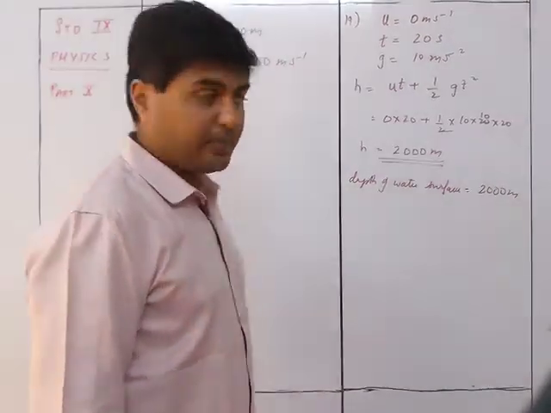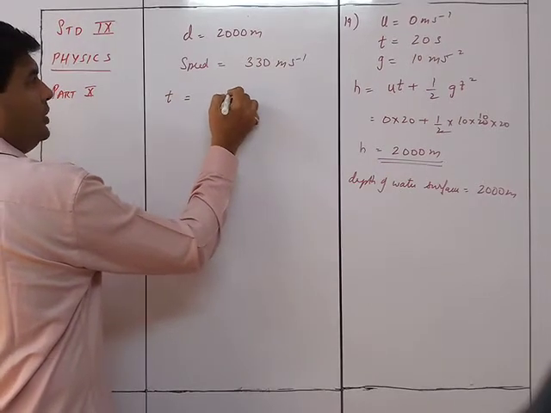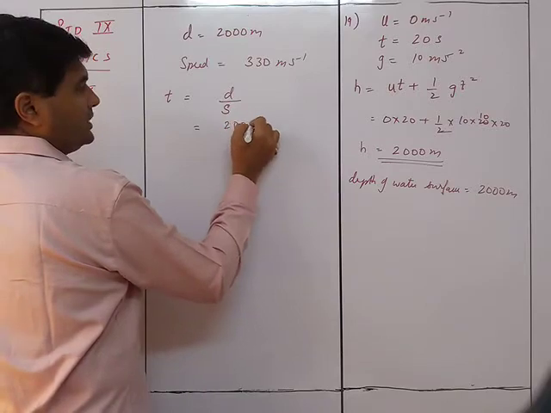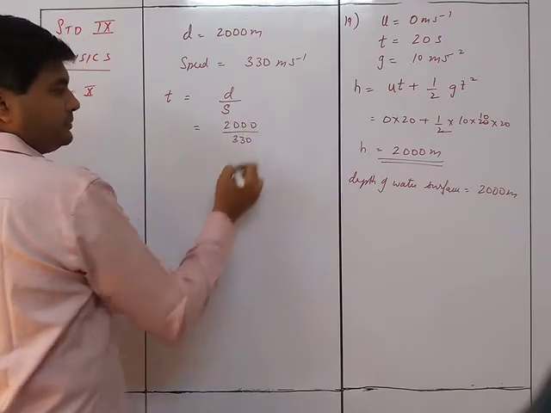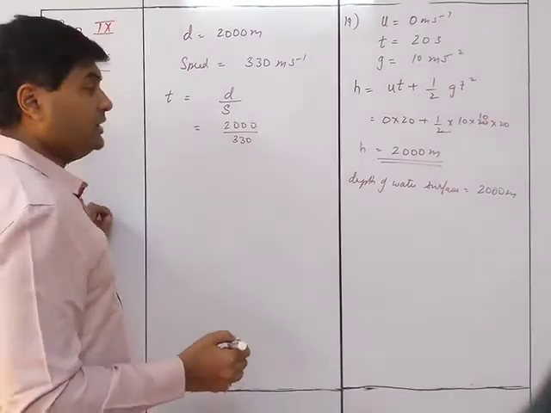It's 330 meter per second. Accordingly, time is equal to distance upon speed, which is 2000 upon 330. Got it? 2000 upon 330.